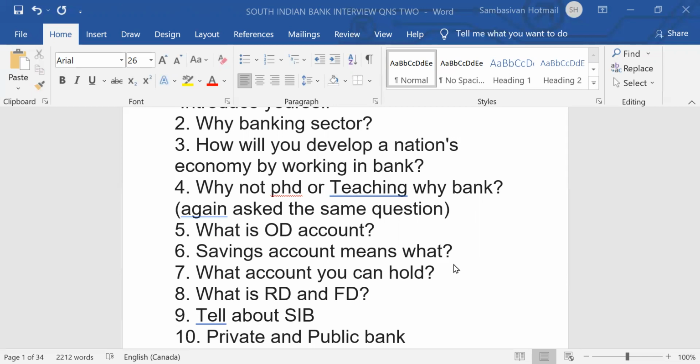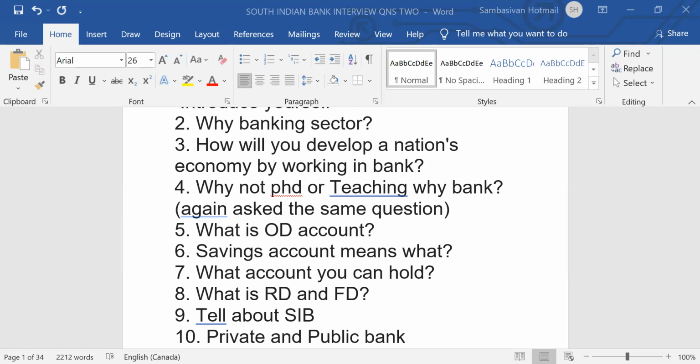In case of emergency, we can use it by drawing the funds using our ATM card or by withdrawing by check. Savings account is transferable from one branch to another branch also. But nowadays it is not very important, because due to core banking solution, we can operate from another branch also.